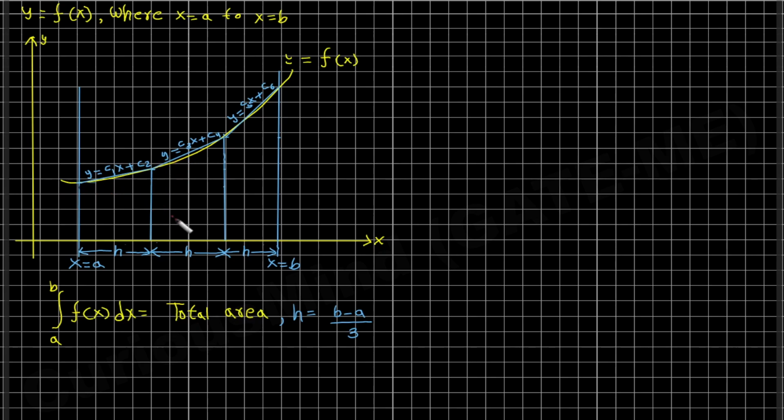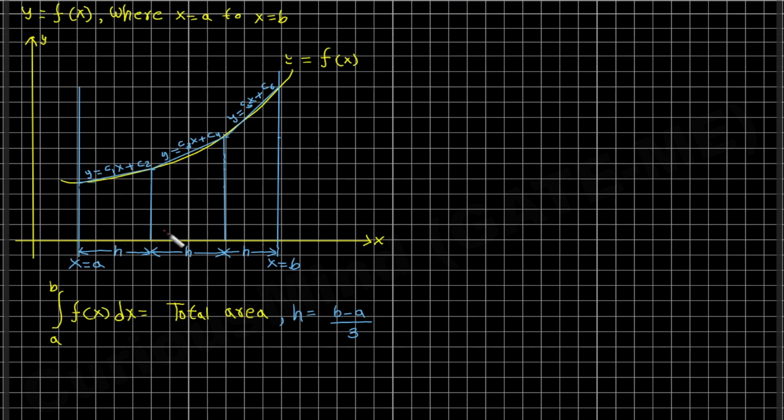So the total area would be the approximate sum of all three areas under all three different straight lines.